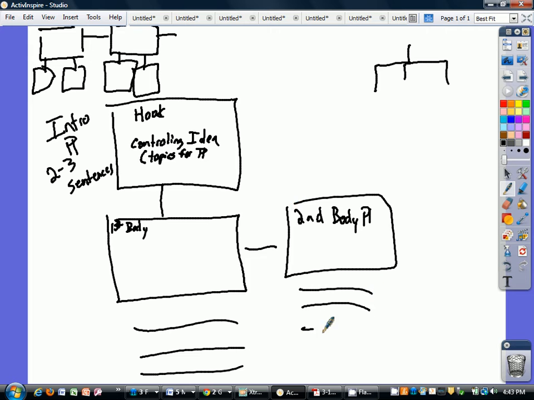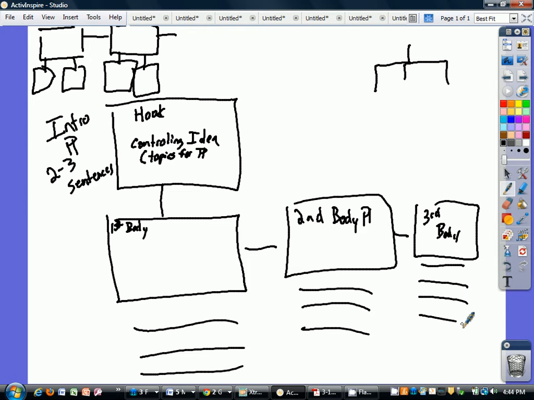Your supports here. Now, again, with a 1-page essay, I recommend only 2 body paragraphs. You can't really fully develop something if you have 3 body paragraphs because you're not going to have enough supports. You're going to run out of room. And so you can't have this 3rd body paragraph. It's going to be like, oh, I got this, and here you are on page 2 or 3, and you have 1 page, so you can't do that.